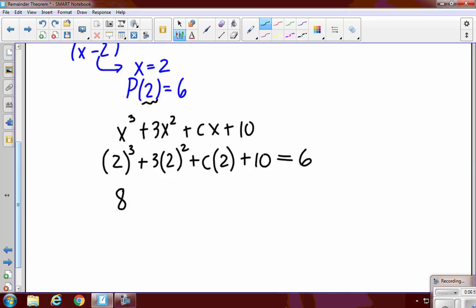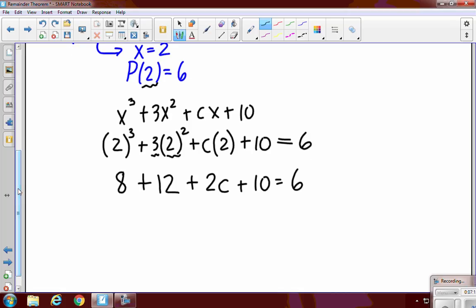So I can go through and evaluate. So 2 cubed is 8. And we could say 3 times 4, that's 2 squared, that's 12. C times 2 is 2c. That would be plus 10 equals 6. We can group all the constants on the left side of the equal sign. So 8 plus 12 is 20, plus 10, that gets me 30, plus 2c is 6.